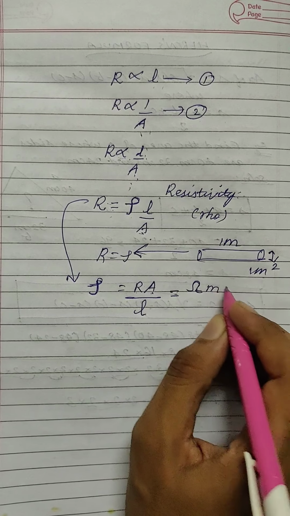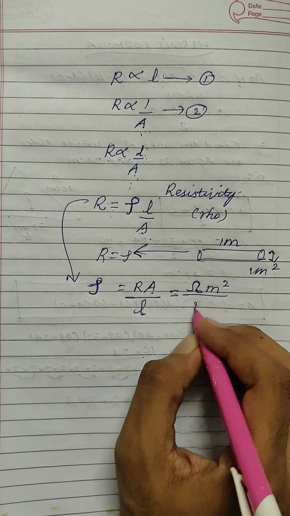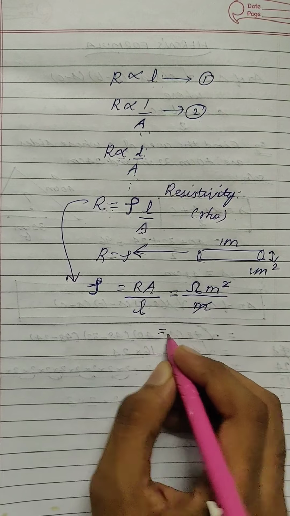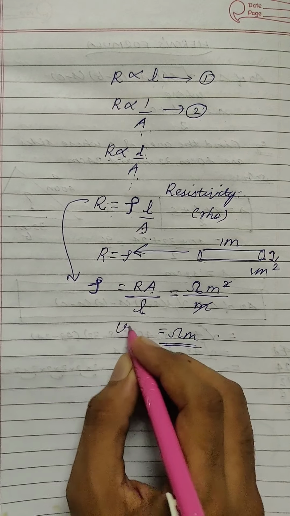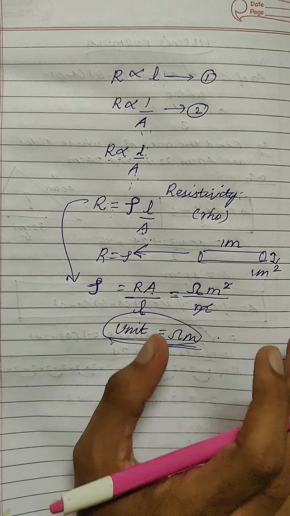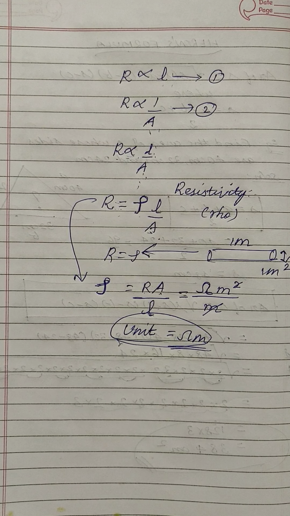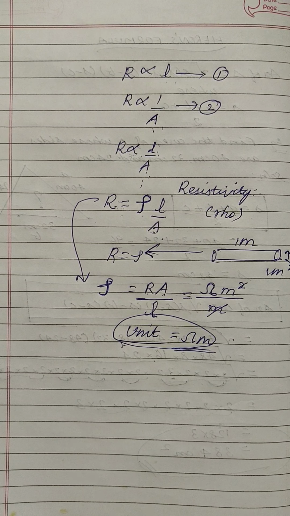Area is always represented in meter square, and length is always represented in meter. So 1 meter and 1 meter get cancelled and you will be getting ohm meter. So this ohm meter is the unit of resistivity. Can you understand? Till this we have the concept of resistivity. The remaining concepts we will be seeing in the class.